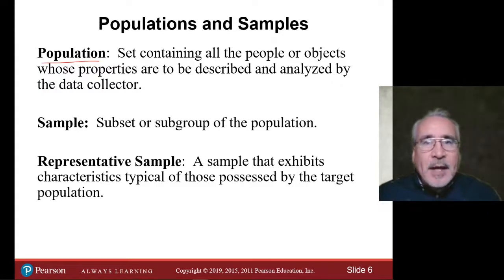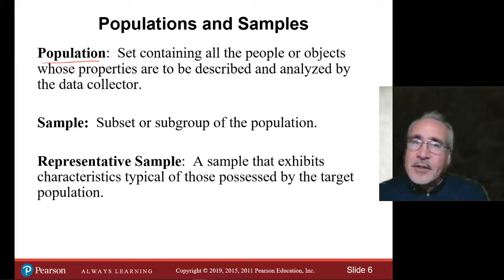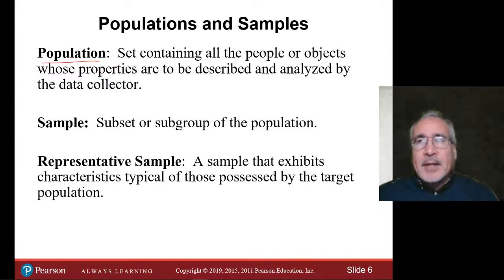That might be Mrs. Smith's population for a study she's doing on her class. That's her population. However, we're going to see that that might be just a small part of a population if we talk about all fifth graders in a particular city or country or world. So, how we define our population is important for the study.